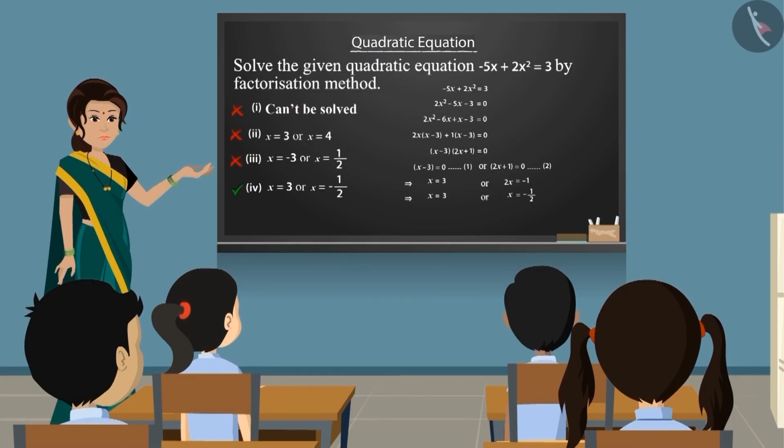So, we hope you understood why option 4 is correct and the rest of them are incorrect. A teacher can test the knowledge of his or her students by using such examples.